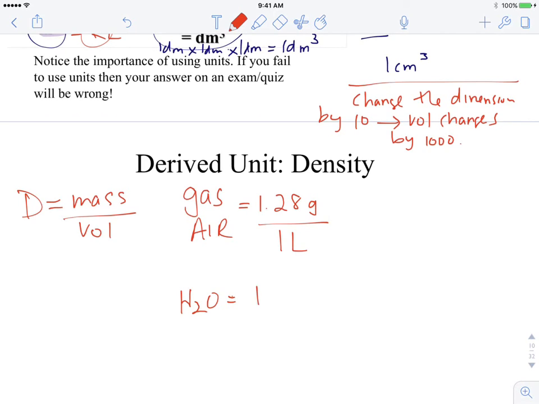The density of water at room temperature is about 1 gram for every 1 milliliter. Or, and I'll show you how to do these conversions later on, this is 1,000 grams for every 1 liter. So look at the comparison here. When I have water, which is a liquid, the density has gone up significantly.